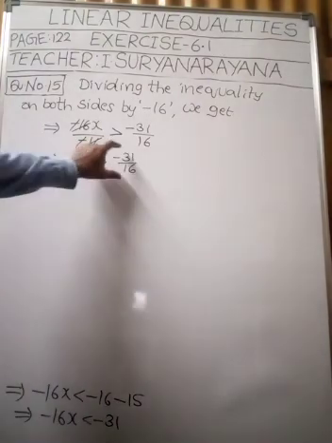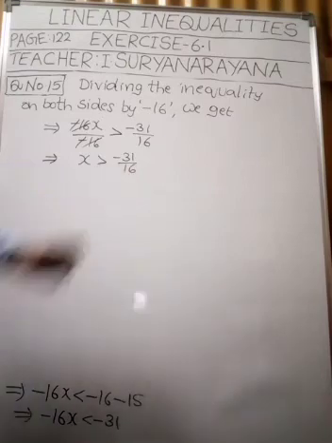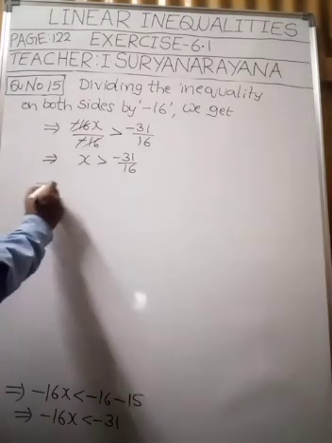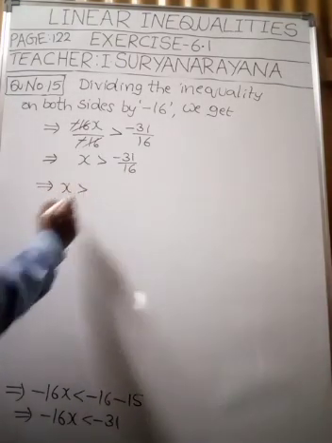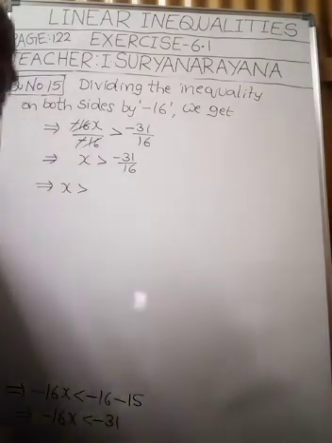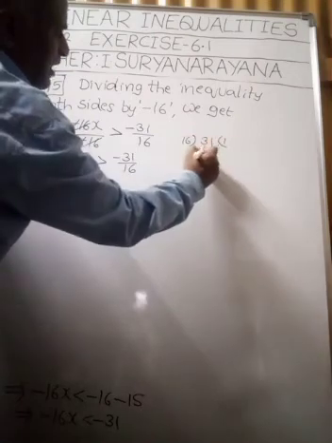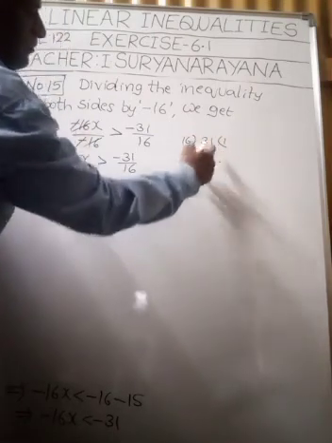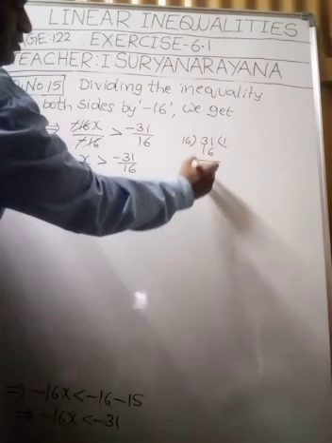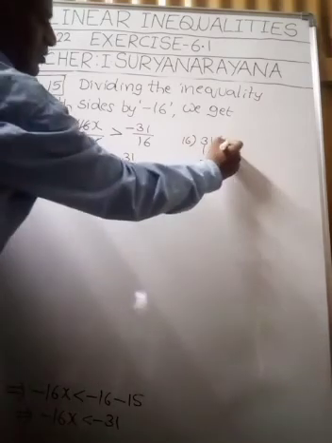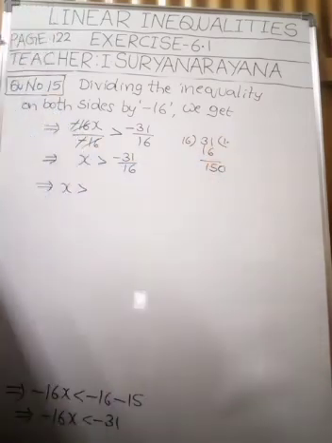Let us convert this fraction into decimal form. This implies x greater than, what will you get here? 31 divided by 16. 16 one times 16, decimal point.